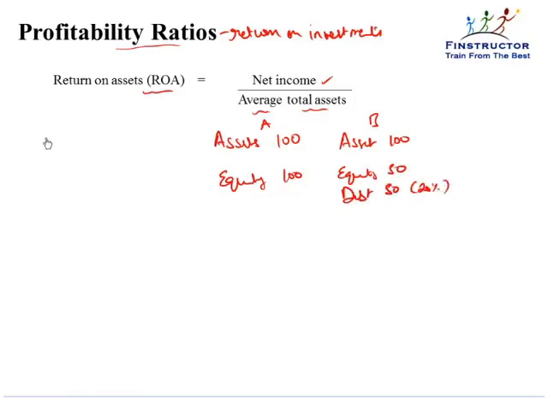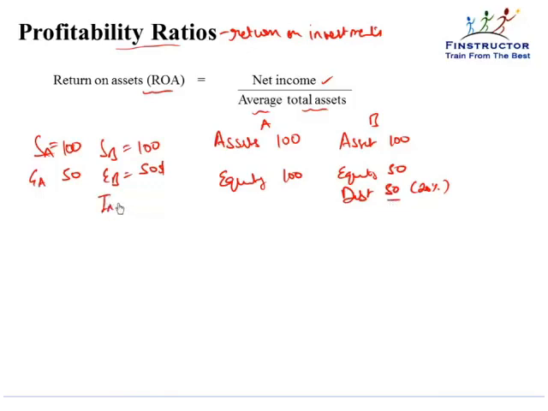Now, the sales for company A and the sales for company B will both be the same because the asset is the same, it's operating the same way, the markets, the business, everything is the same. So A does $100 worth of sales and so does B. The operating expenses for A are $50 and so will be the operating expenses for B. However, company B also has an interest expense because of the debt that he has taken.